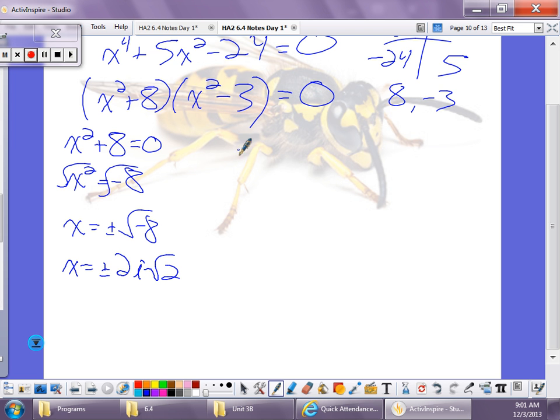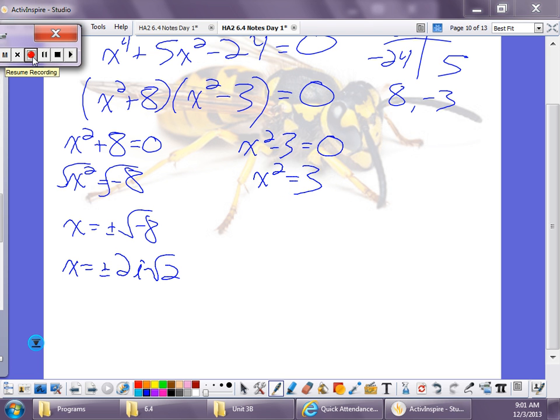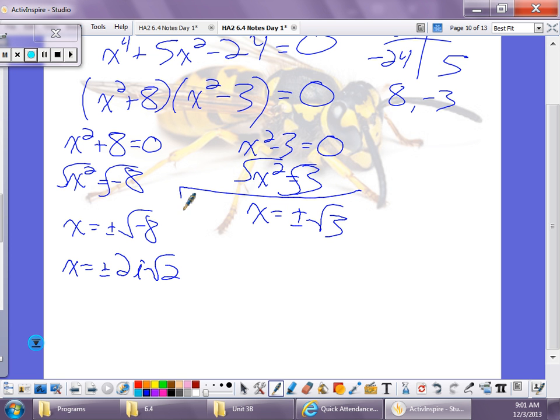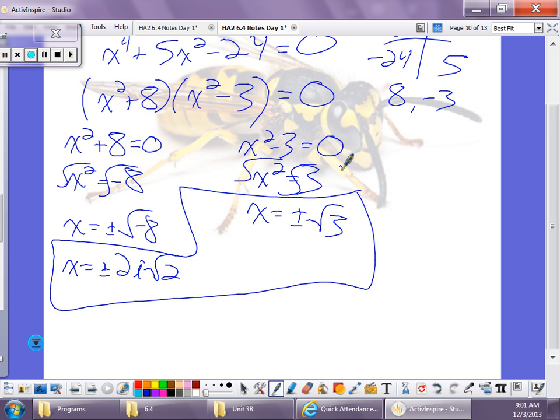We're also going to set the other factor equal to 0. So x squared equals 3. We take the square root. X equals plus or minus root 3. So your solutions are all of these 4. Okay? So those are your zeros, your solutions. We've solved for x.